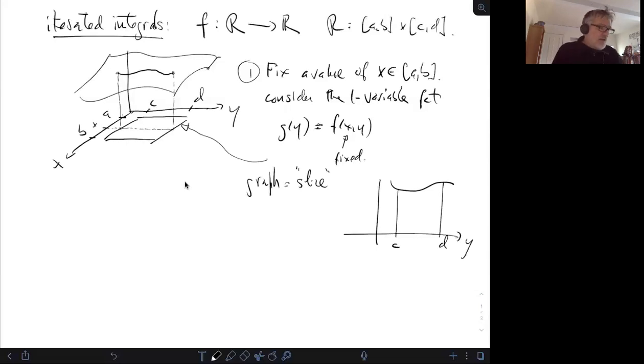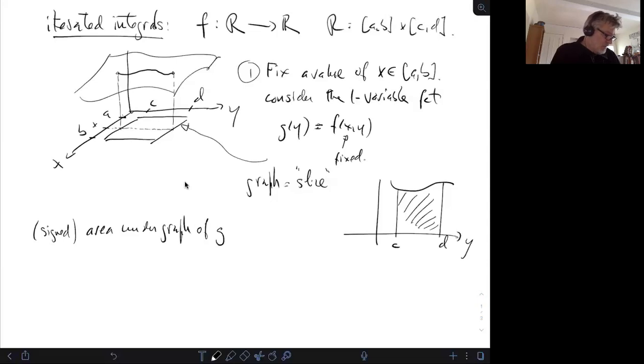Now, I can compute the area under the curve, right? Again, in general, you'd have functions which could be negative, so it's always a signed area, but for the discussion, it's easier just to look at this as area. So I'm going to compute the area under the graph of this new function, the graph of, I called it g, right?